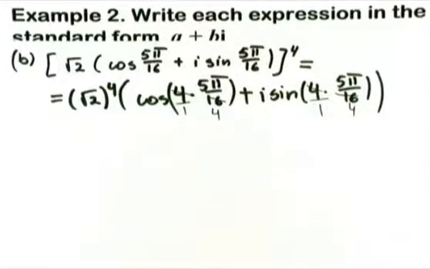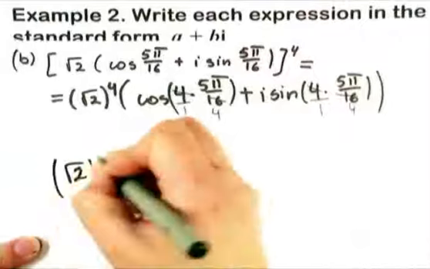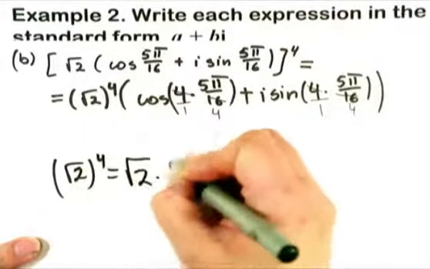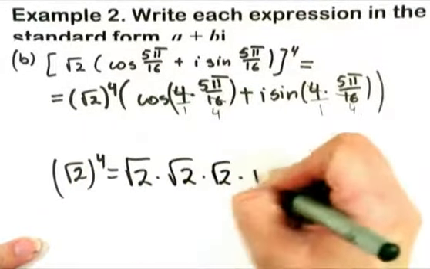Okay, so square root to the power 4 is square root times square root times square root times square root.